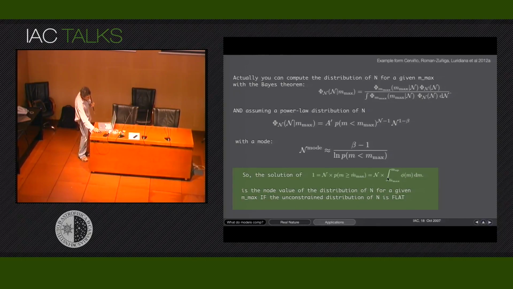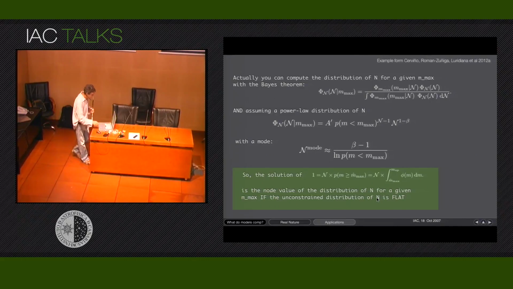So the solution of this equation is actually just the mode of the distribution of the number of stars for a given observed maximum mass, if the unconstrained distribution of possible total masses is flat.